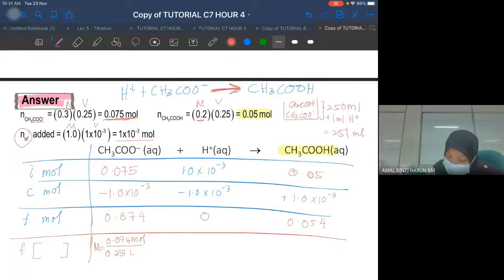Okay, new volume. Dia dah jadi 251. So it will be 0.2948 molar. Ni memang tak ada lah sebab dah habis neutralize. And this one the molarity is 0.005 mole over volume dia 0.251 liter. 0.2032 molar.